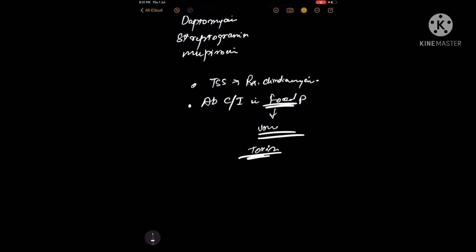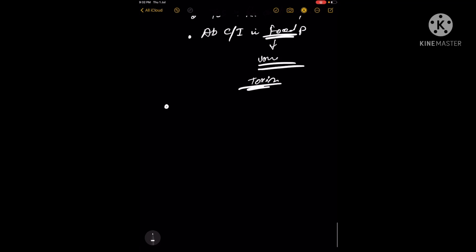It was all about Staphylococcus aureus, and there is a little bit of difference in Staphylococcus epidermidis and saprophyticus. We all know these are coagulase negative, but epidermidis is a very short topic.